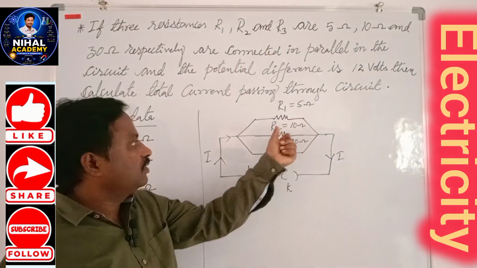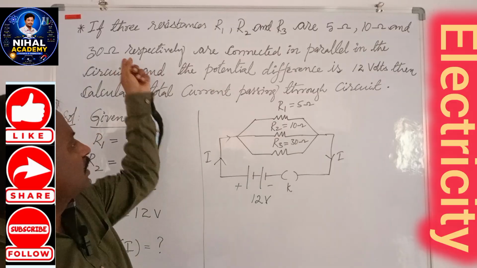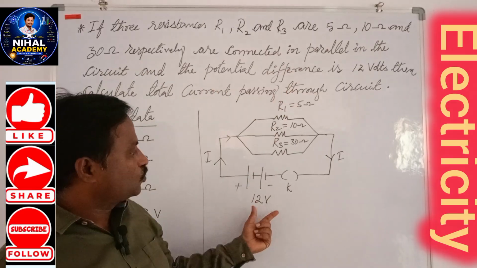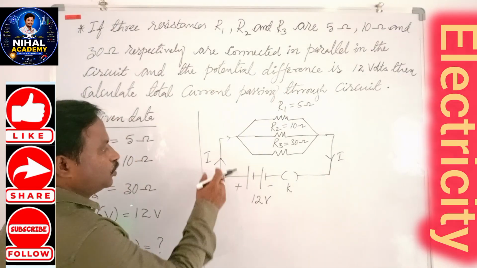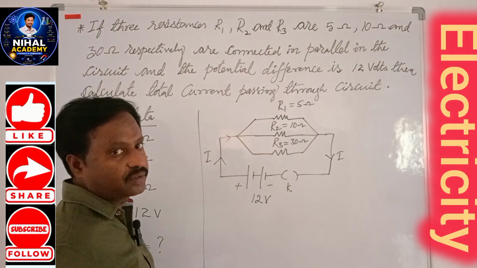Here R1 is equal to 5, R2 is equal to 10, R3 is equal to 30 and the potential difference is 12 volt. So we have to calculate the total current passing through this circuit.